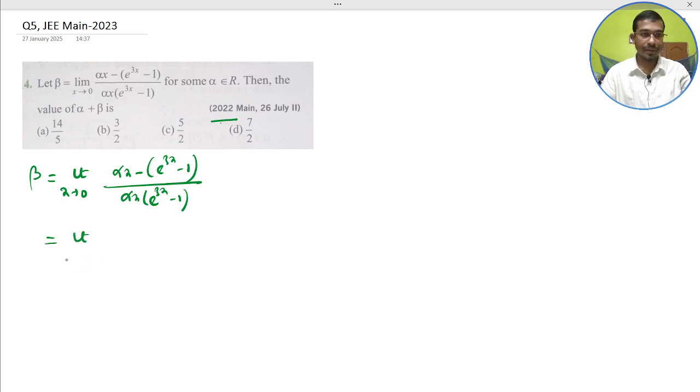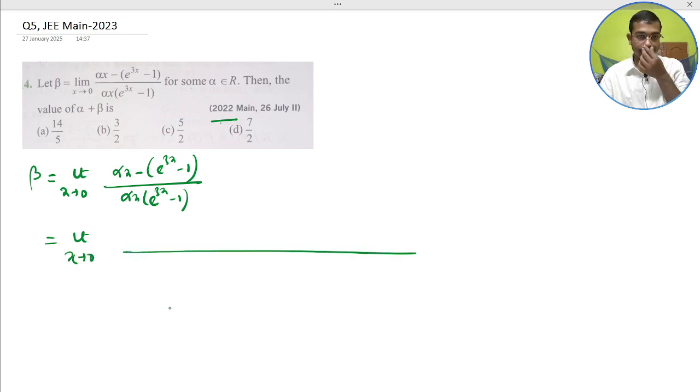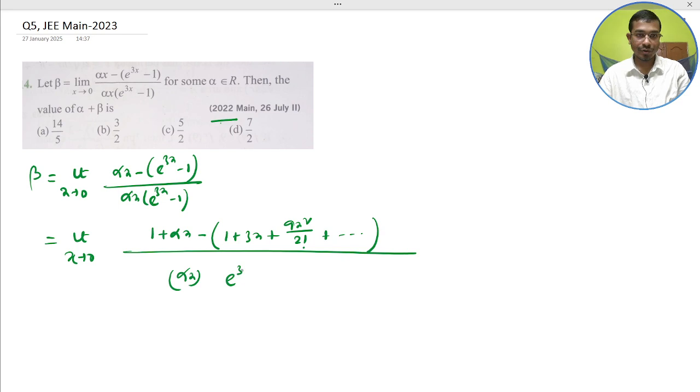So limit x tends to 0, this would be what? 1 plus alpha x, the series of e to the power x. Series of e to the power x. So 1 plus 3x plus 9x square by 2 factorial plus dot dot divided by alpha x. So e to the power 3x minus 1 divided by 3x into 3x.